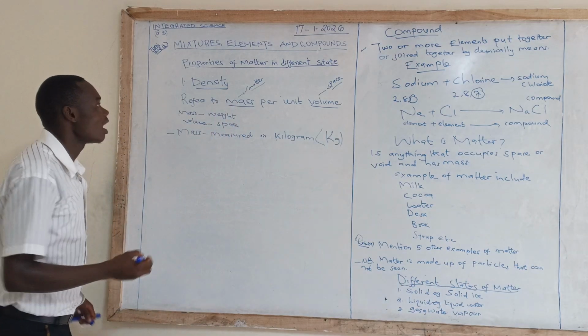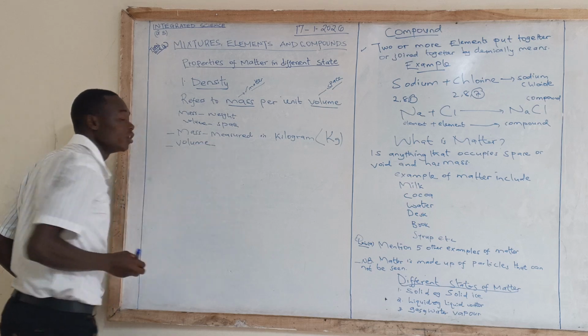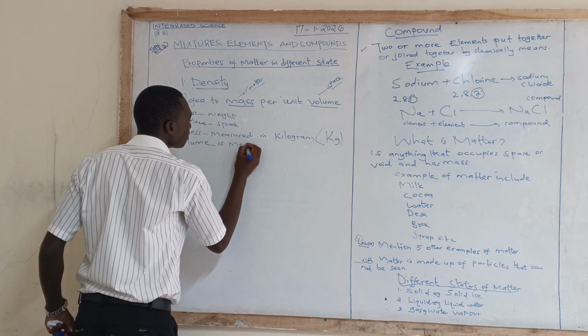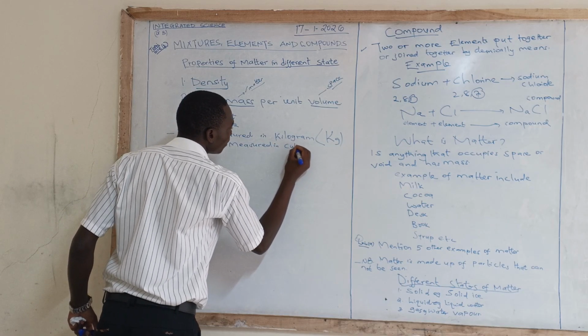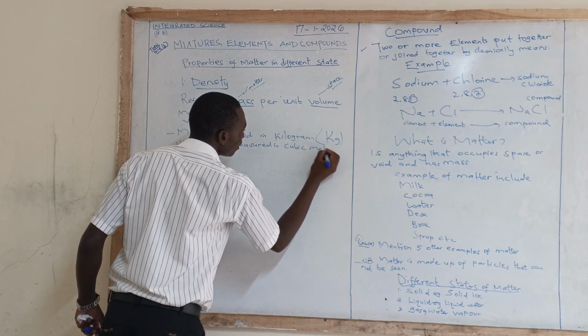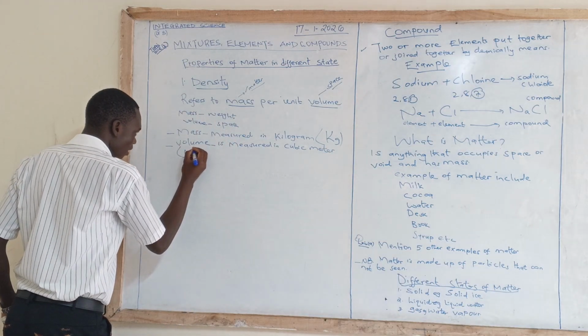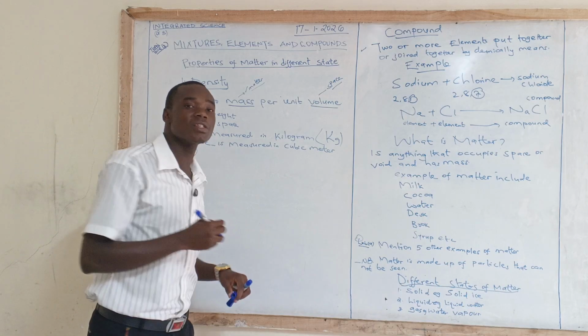How about volume? Volume, we know that volume is measured in cubic meter. In cubic what? Cubic meter, in bracket, m cube. That is what volume is measured in.